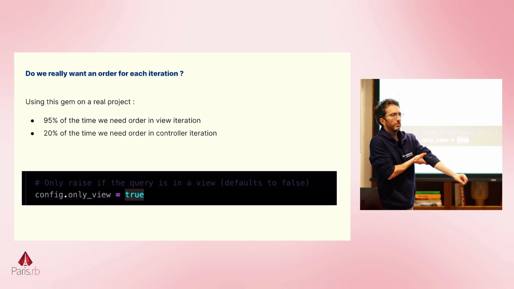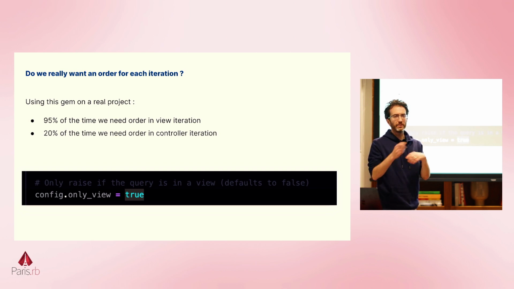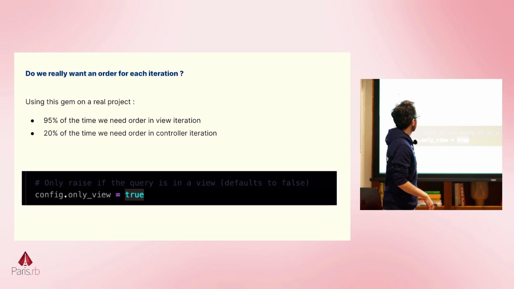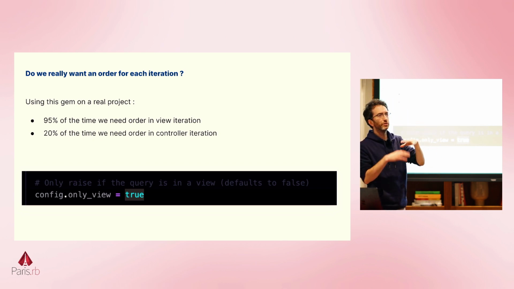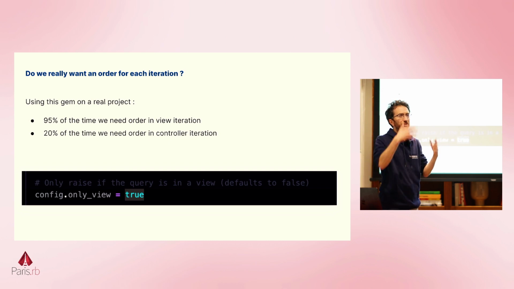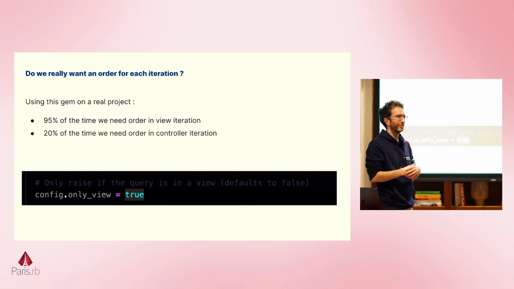With early adopters, we got a question: do we really need an order for each iteration on a collection? We analyzed several code bases, and we saw that 95% of the time, if you're in the view, you need an order. It's logical because in the view you display the list.